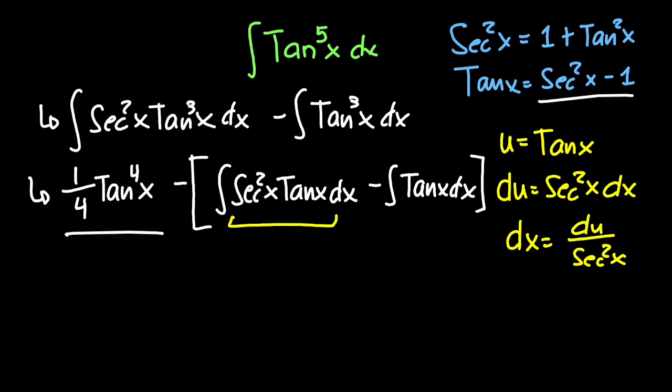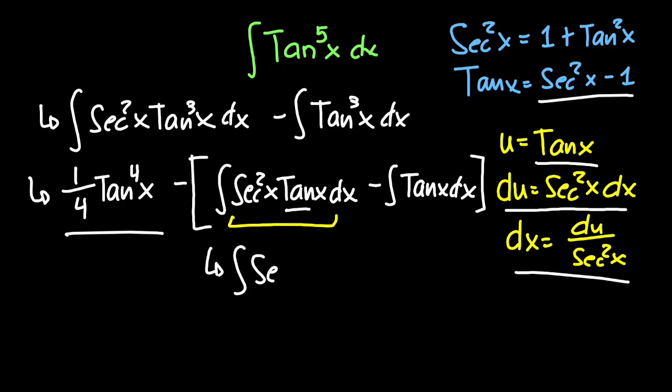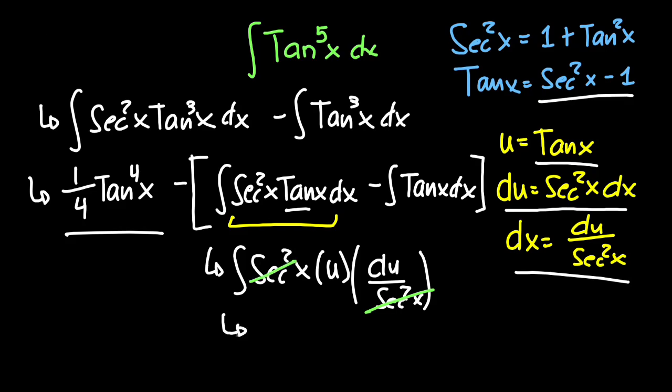You can actually see here, it has the same problem as earlier. So just substitute tangent x as u here, and take the derivative and find dx. If you substitute it, this would be the integral of secant squared x multiplied by tangent of x, which is u, and multiply it by dx, which is du over secant squared x. You can see here again, secant squared x will cancel, leaving you with an integral of u du.